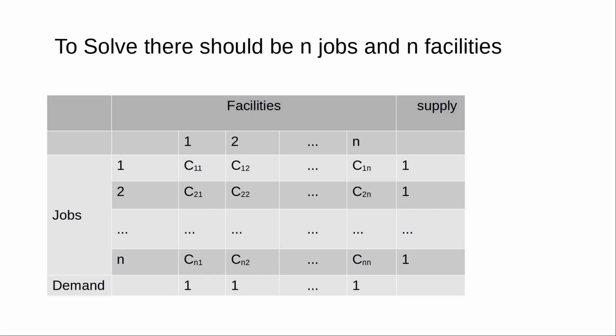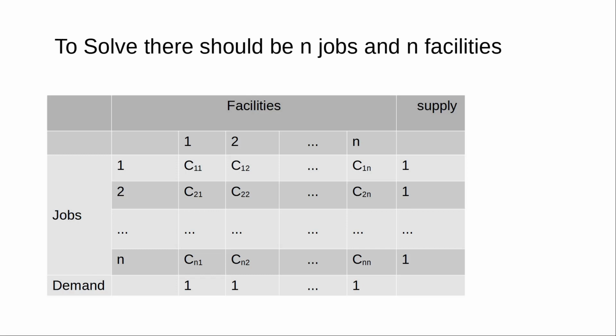Supposing job number 1 is assigned to facility number 2, the cost would be C12. And if it is assigned to any facility n, the cost would be C1n. All the entries of C have the same meaning. That is, if we assign job number n to facility number n, the cost associated to that would be Cnn.